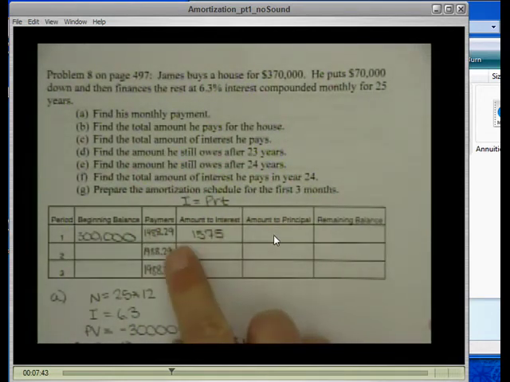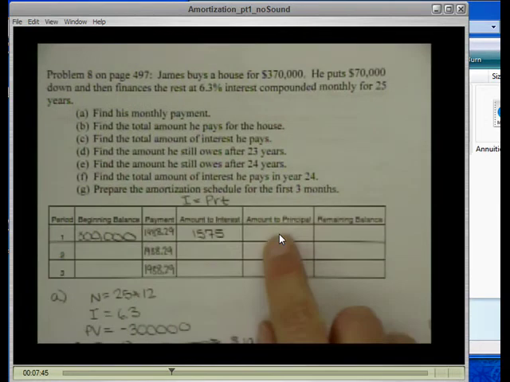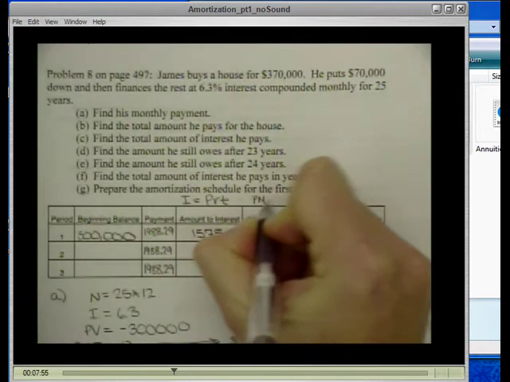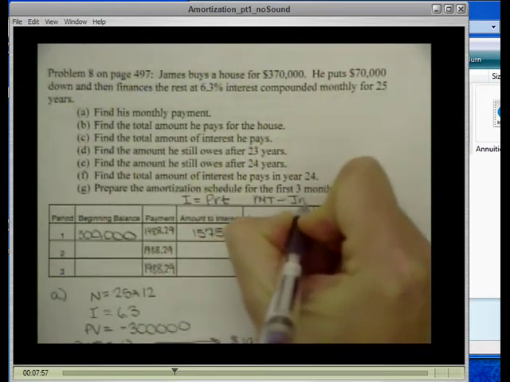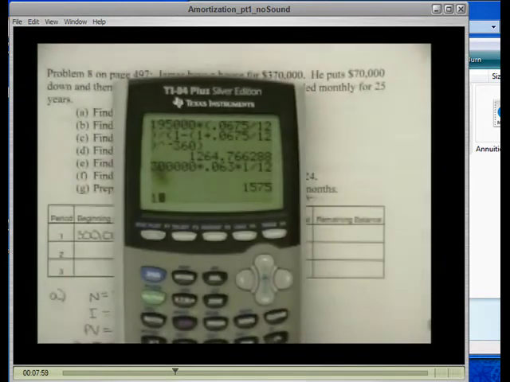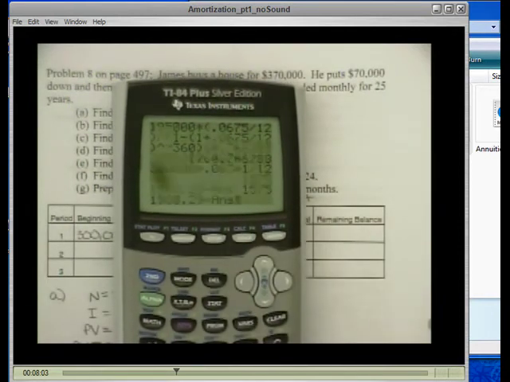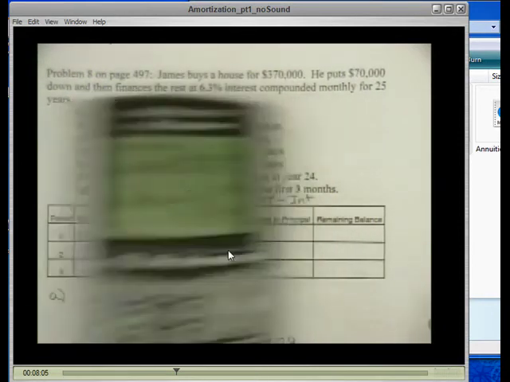So now we want to figure out how much goes to reducing the balance, or how much goes to principal. So it'd be the total payment minus the amount to interest. And I just hit that second negative key to get that answer.